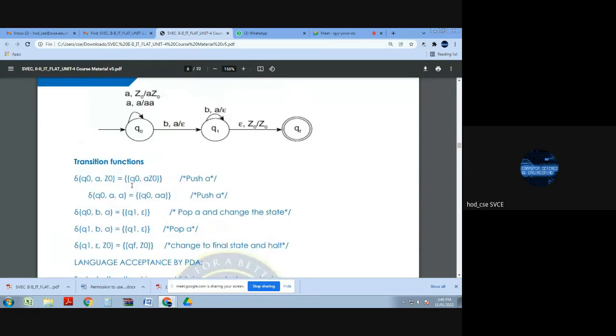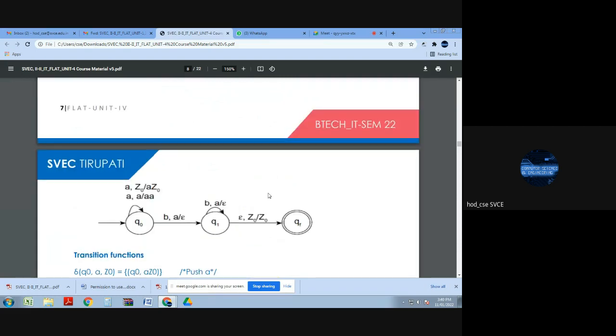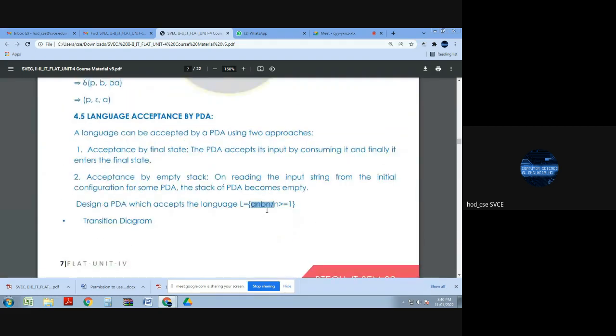So initially, we have to write strings. Take note of some strings accepted for this language, strings of a power n, b power n.